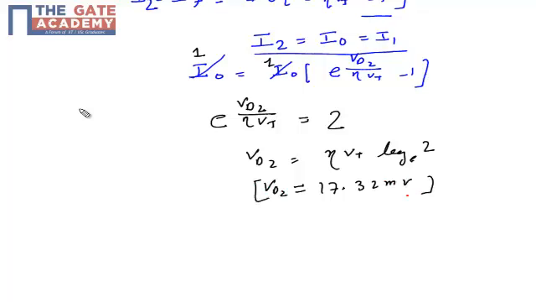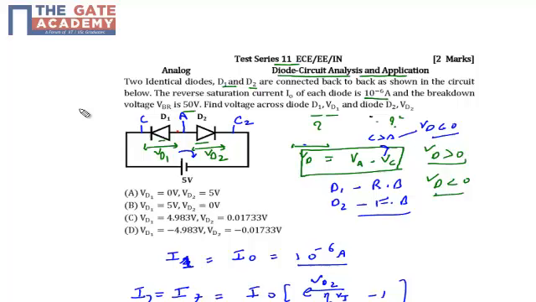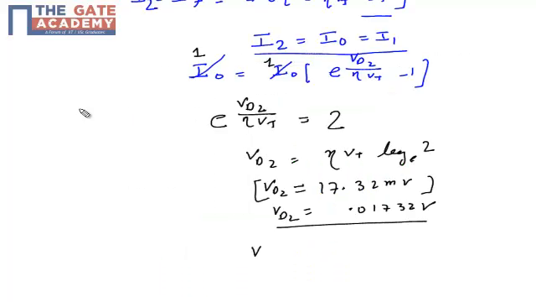So the value of VD2 is 17.32 millivolt, or 0.01732 volts. It's a series network with only two devices, and we know the voltage drop across D2 is 17 millivolt. So VD1 must be equal to 5 minus VD2, because we have only two devices.